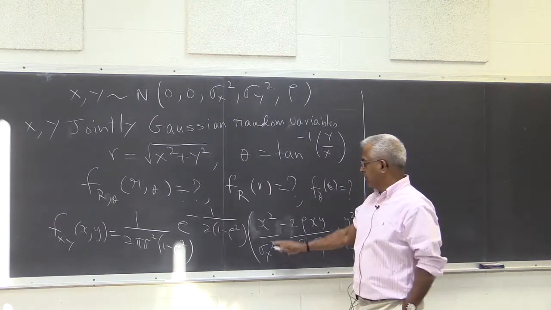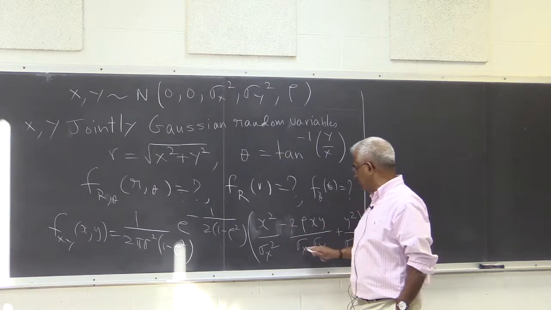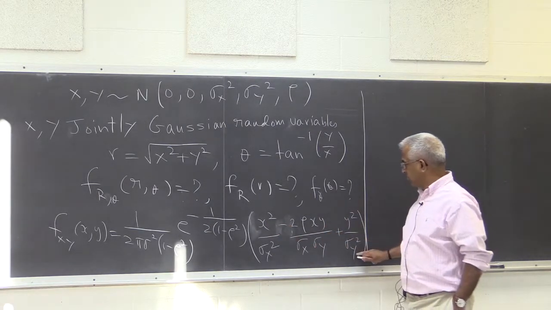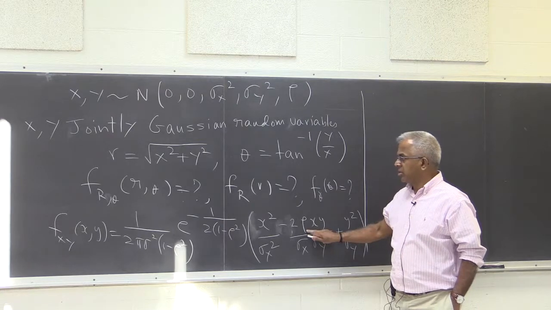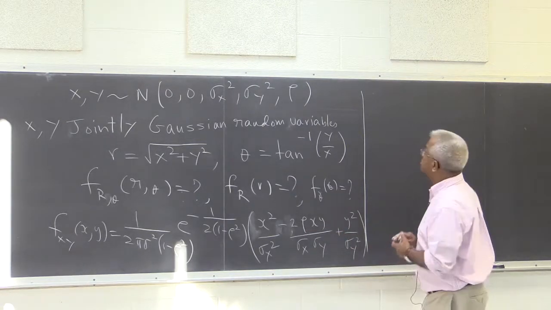So this is where the difference is. Notice that x has variance sigma x squared, y has variance sigma y squared. Their correlation is rho. So this is the joint density function.